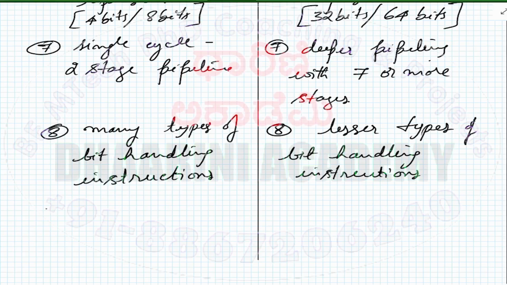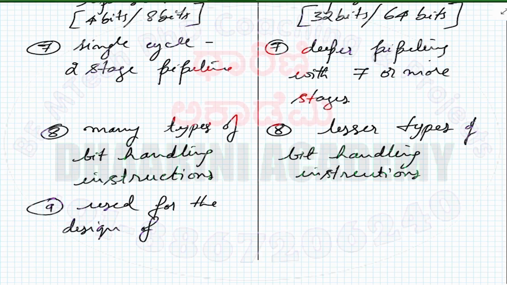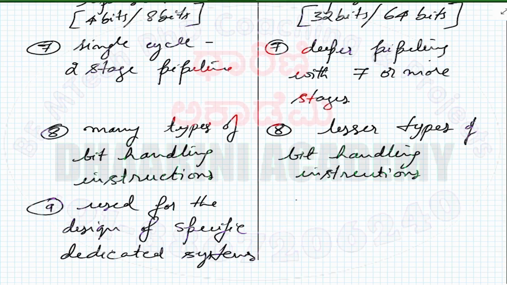So let's write one more. This is used in the design of specific dedicated systems, whereas we know that the microprocessor will be general purpose.